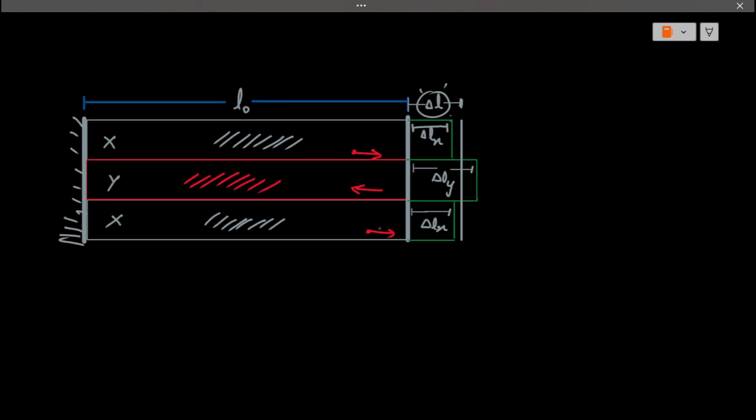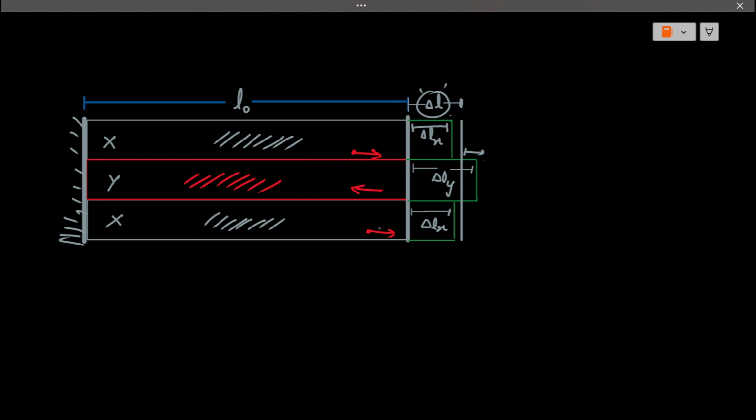An important observation is that the force exerted along the rod X will be in the rightward direction, but that won't be the case for the rod Y. Due to the excess expansion, we will have a normal reaction which will oppose this new expansion.